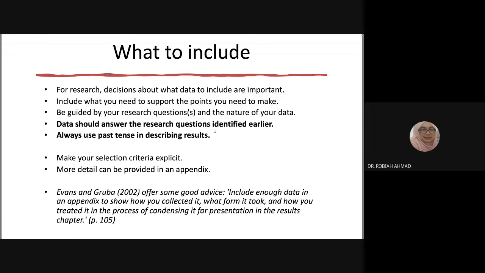And always use past tense in describing results. Make your selection criteria explicit. Sometimes you say, I did a lot of experiments, so I want to share everything that I have. Not necessary. More details can be provided in the appendix.